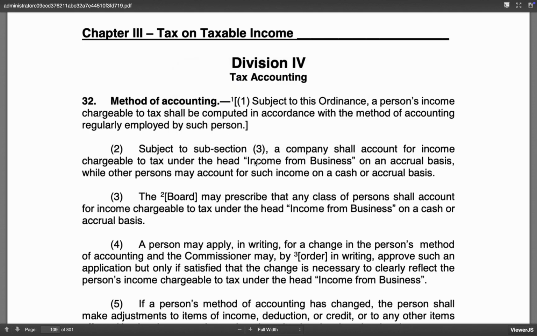But subsection 2 says that a company shall account for income chargeable under the head income from business on accrual basis.